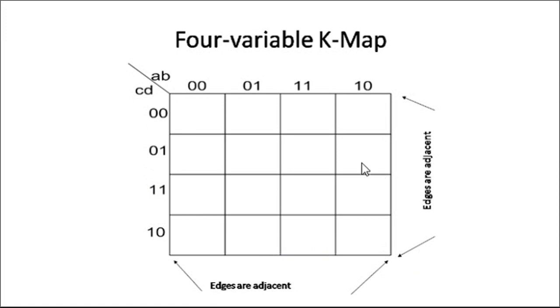The left cell is adjacent to the right cell. This top cell is adjacent to the bottom cell. All 4 corners of the K-map are adjacent, meaning we can form groups of the 4 corners. So these are called adjacency rules. We'll see the details again, don't worry.